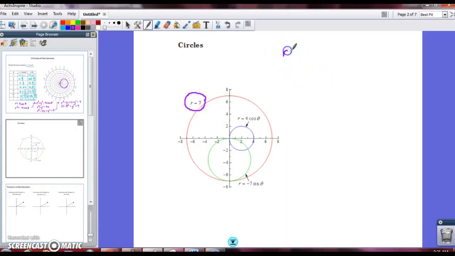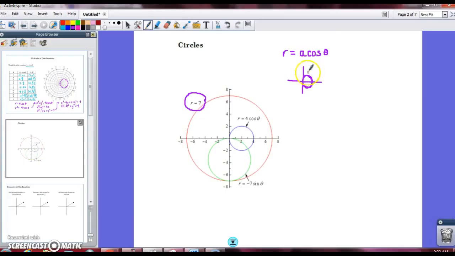The second type of circle you have is when r is equal to some number a cosine theta. That is a circle that is symmetrical about the polar axis, and it goes through the pole. Okay.